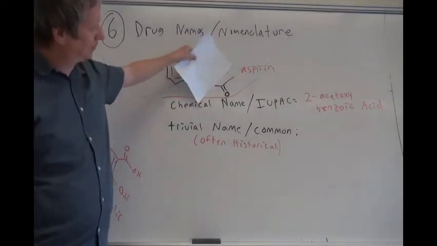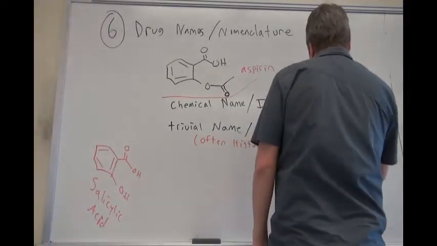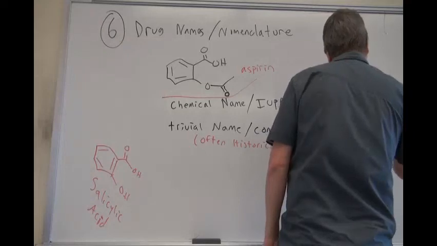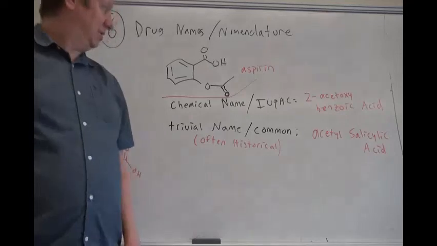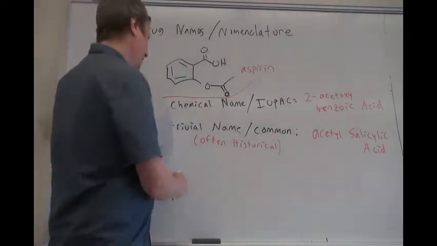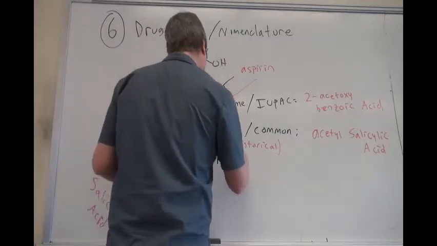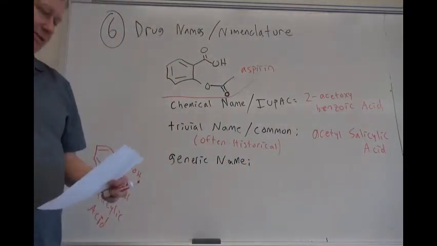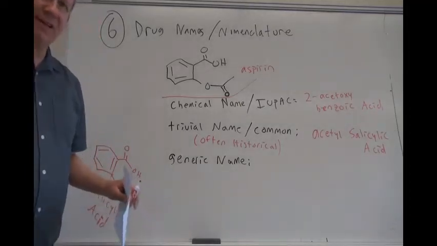So that's the acetyl group, right? So the trivial name for this is acetyl salicylic acid, okay? So those are two different names for aspirin. And then we also have the generic name. Generic name is more of a pharmaceutical name, and that's non-proprietary.